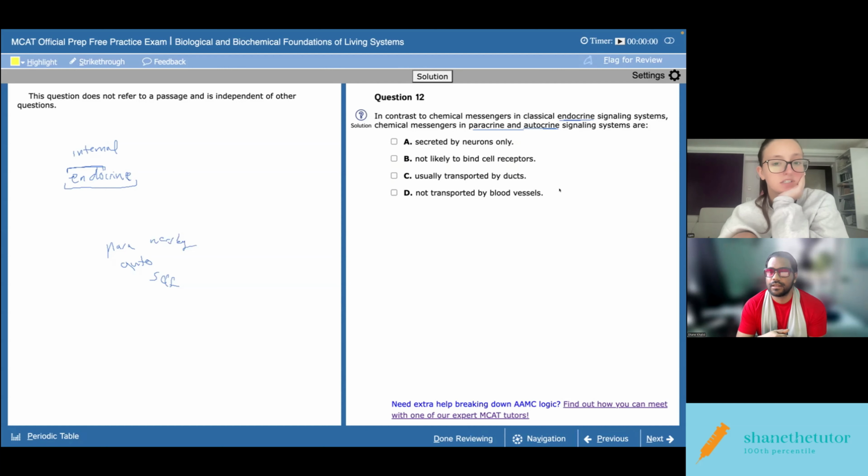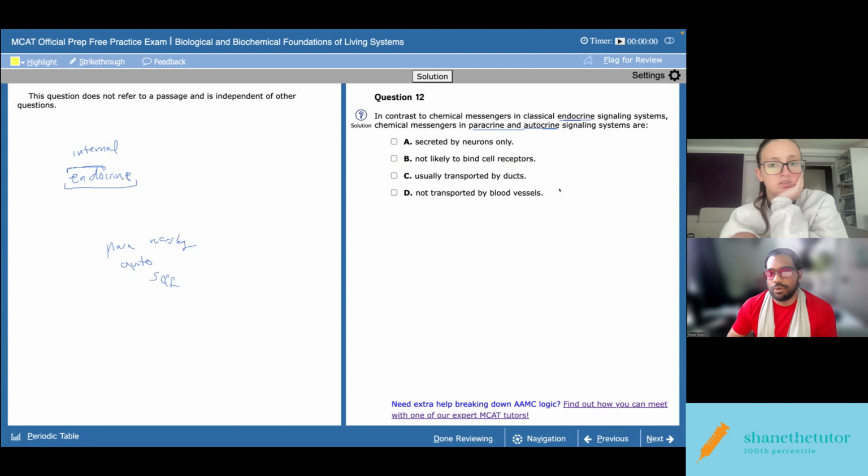And if it's something distant, then it would be transported by ducts, right? Because it would go through the ducts to the receptor. Let's say you shrunk yourself and you're in a human body and you wanted to go from one organ to the next.